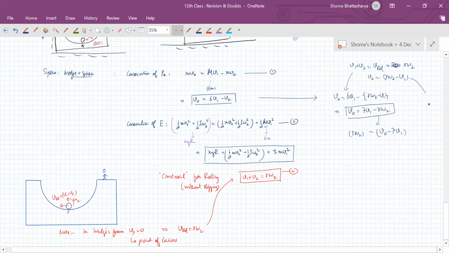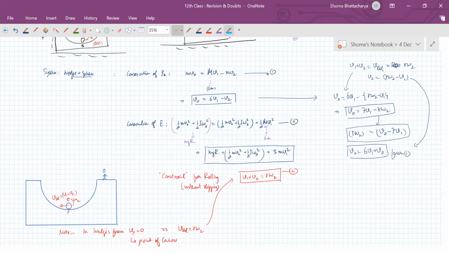We have V2, this is from equation 1. So we substitute both of these in this equation.